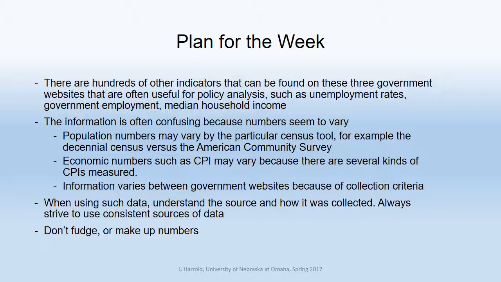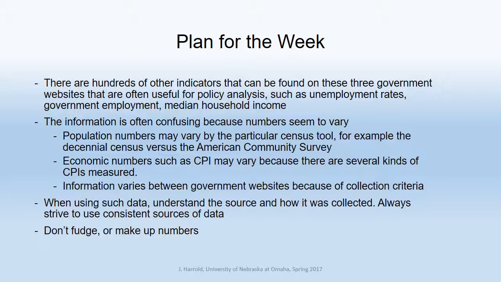And so the point is that I want you to become familiar with these sources of data and how they're collected so that when you do present them in a project, you should understand that there is some slight variance in the numbers, and you should always strive to be consistent with the kinds of data you're using.